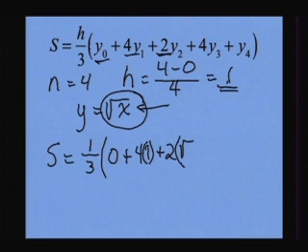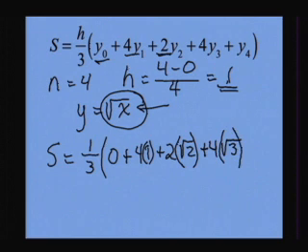So this would be square root 2 plus 4 times, well, it's going to be the square root of 3 because that's the next step up. And then finally, y sub 4 is going to be the square root of 4.